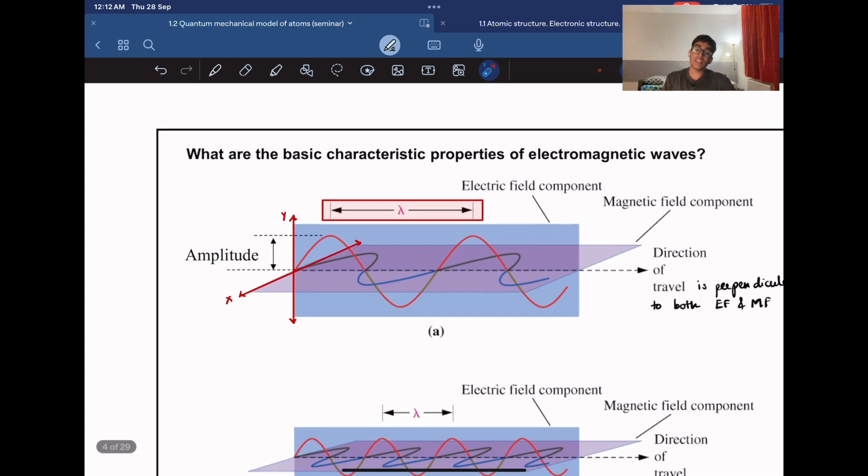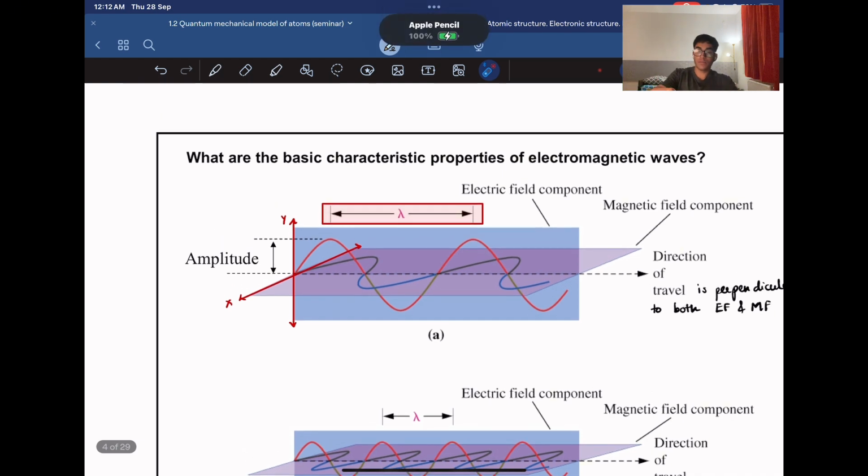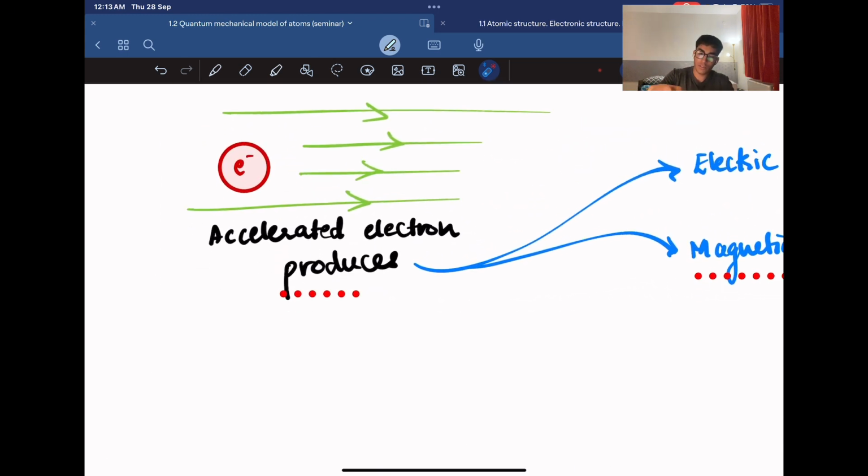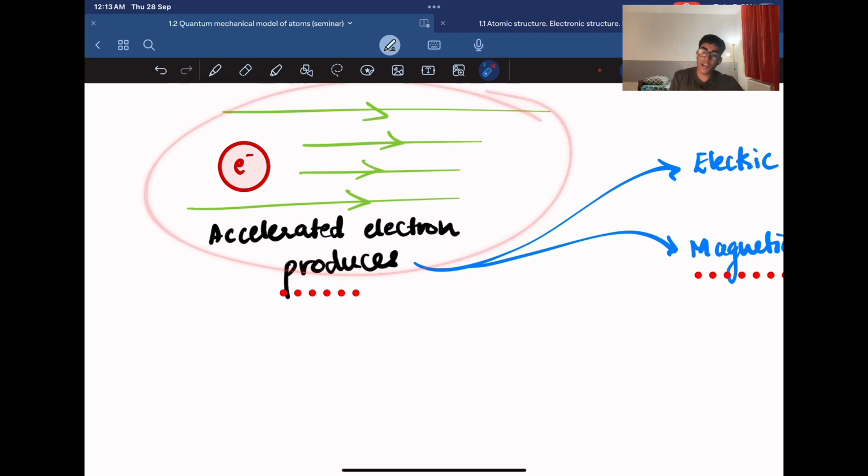We have the basic properties of electromagnetic waves. Let's talk about electromagnetic waves. We understand that an accelerated electron produces 2 fields, an electric field and a magnetic field.